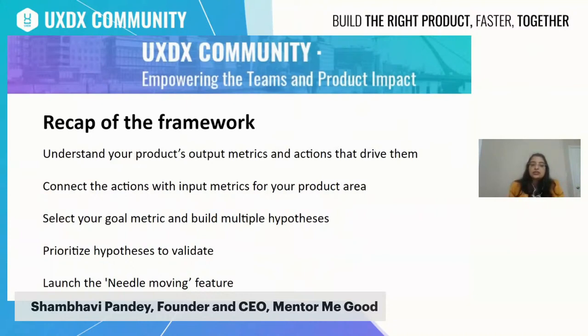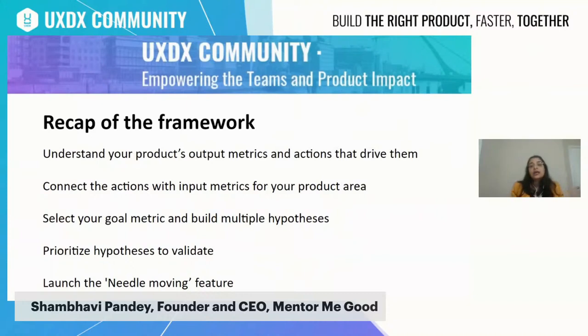The third step is to select the goal metric out of all the input metrics and then come up with multiple hypotheses. You will also need to drill into data for this. Then the next step is to prioritize the hypothesis.